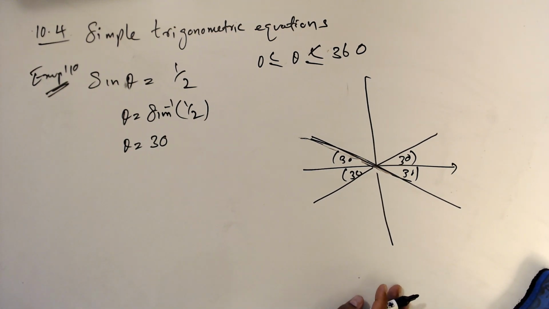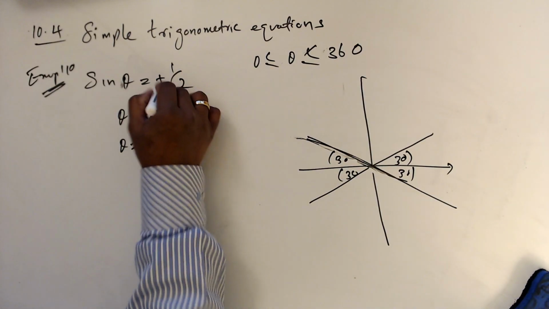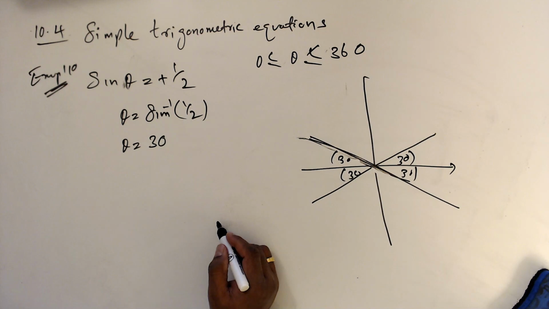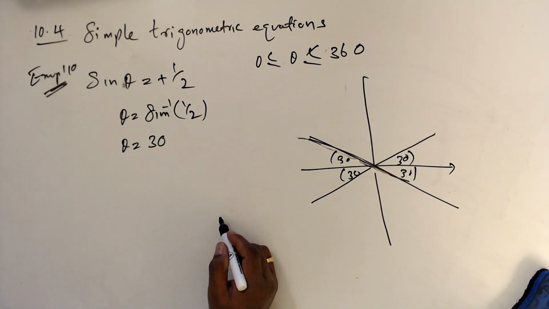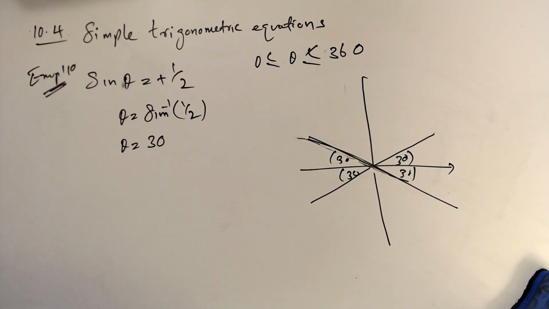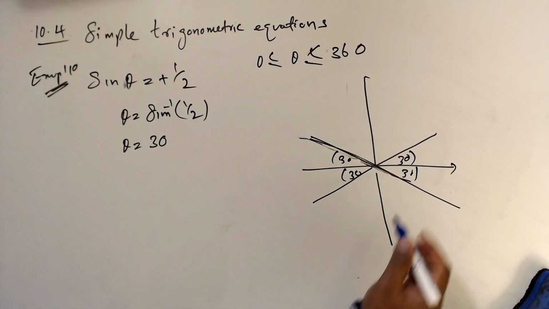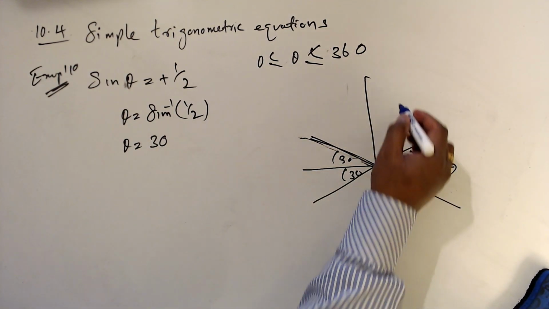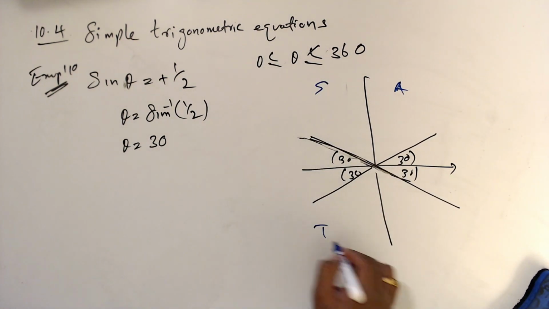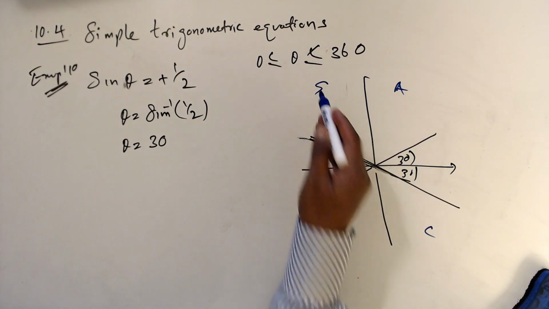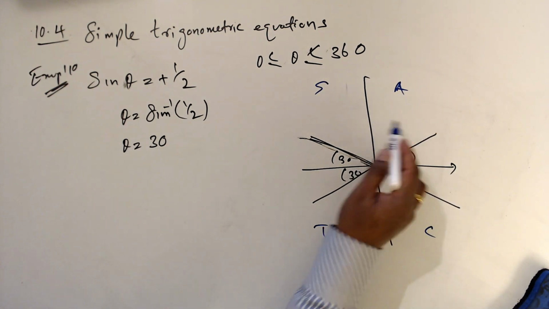Now you can see the sign is positive. In which quadrants is the sign positive? All, sine, tan, cos. Sine is positive in the first and second quadrants.